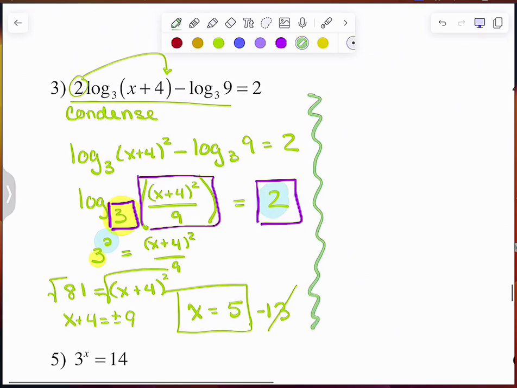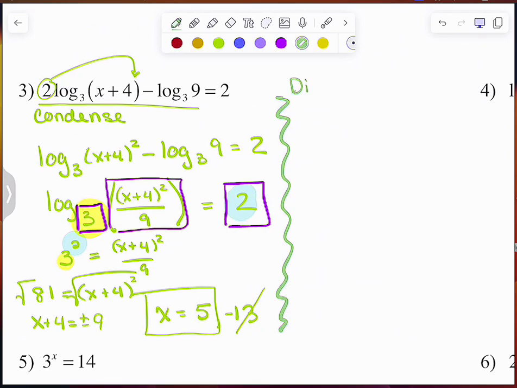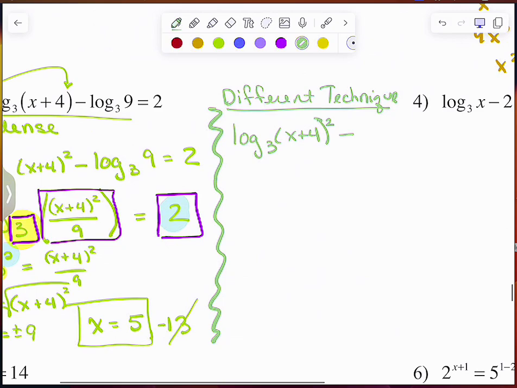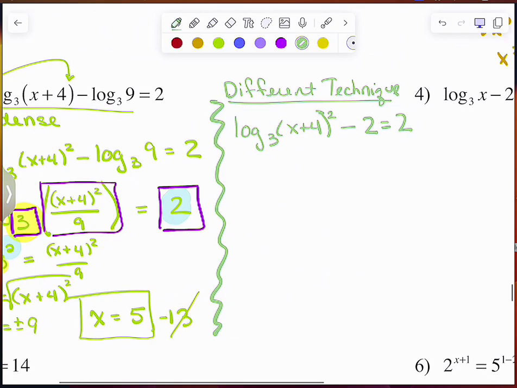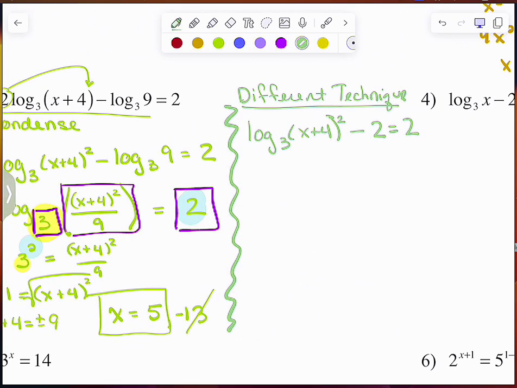Okay, so here was the alternate. This is a different technique. You still got to pop up the 2. So log base 3 of x plus 4 squared minus log base 3 of 9 equals 2. I replaced log base 3 of 9 with its value, and now I'm going to isolate the log.